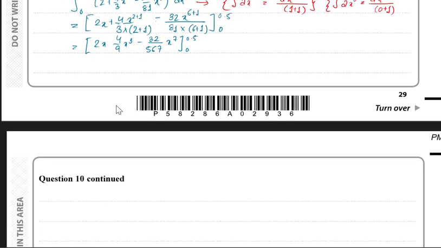Now we have to work with the limits. So at first I will work with 0.5, the upper limit. So this would be 2 times 0.5, plus 4 by 9 times 0.5 cubed, and minus 32 by 567 times 0.5 to the power 7.